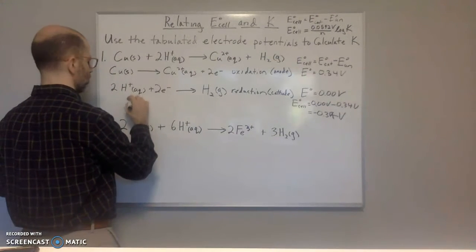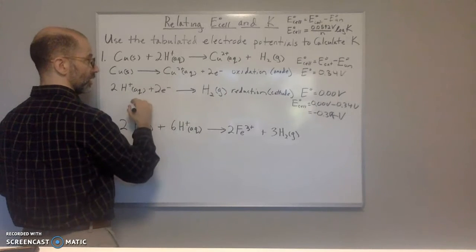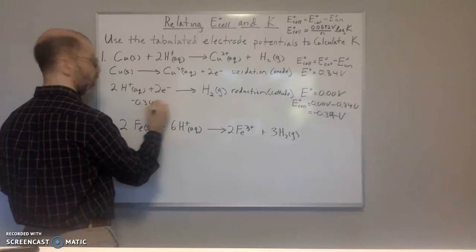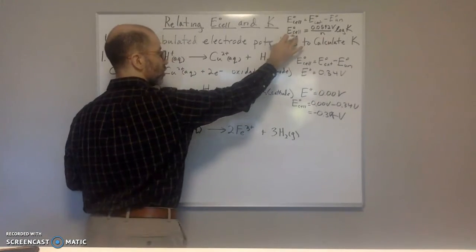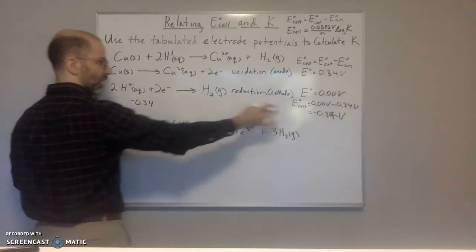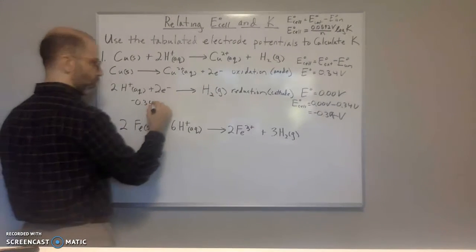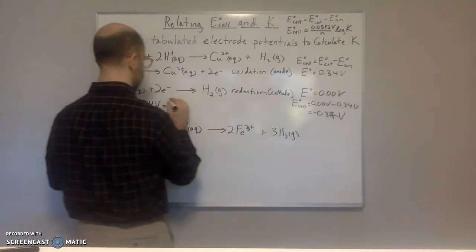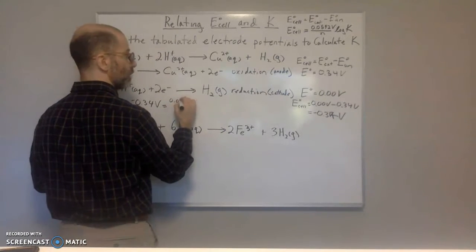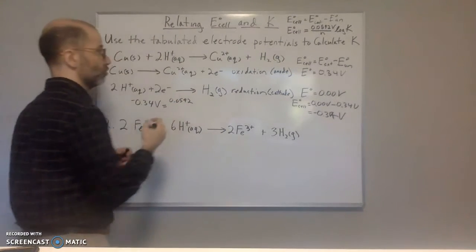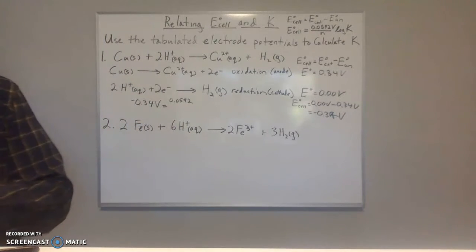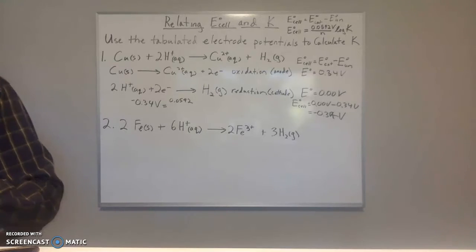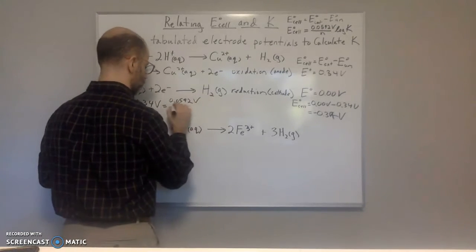So here we plug this in. This is going to be negative 0.34. We're using this equation right here. So the standard electrochemical potential of the cell that we got here, negative 0.34 volts, is equal to this, so it's going to be 0.0592 volts.